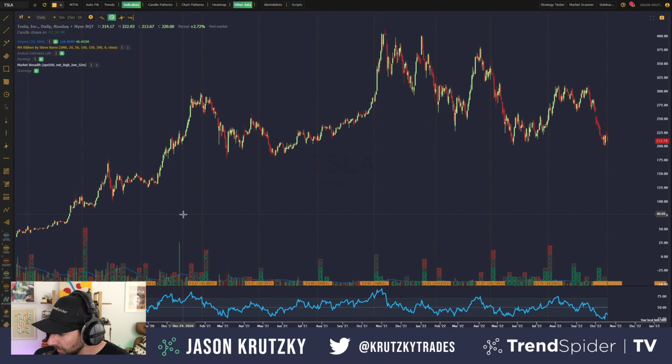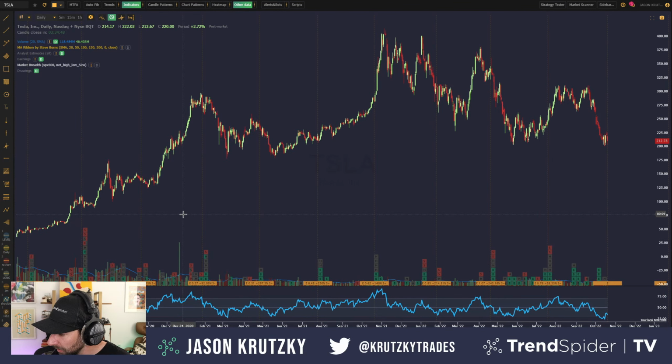If the number of names in an index making new highs is increasing, that's generally going to be a risk on environment. If the number of names making new lows is increasing, that's going to be a risk off environment, right? Everybody is wanting to know when it's going to be safe to get back into the market, and that makes a lot of sense.